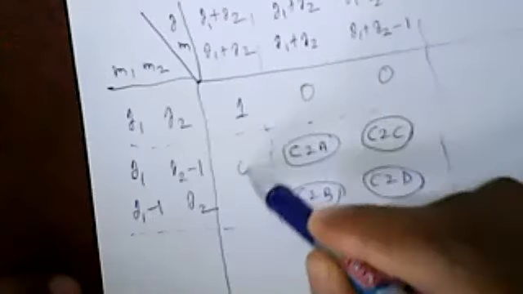The other elements are all 0. This is the way you can proceed and find all other submatrices.